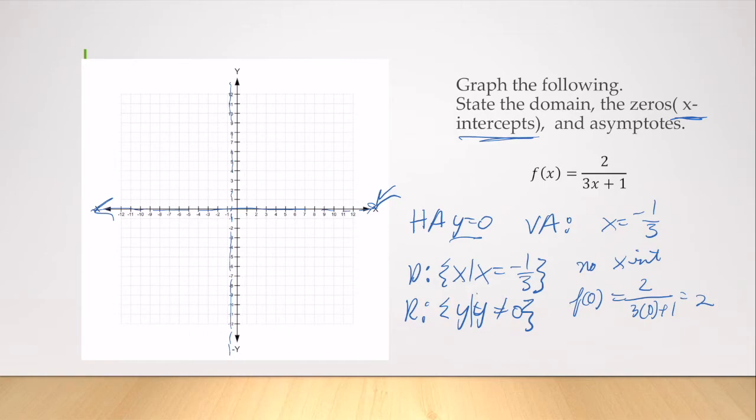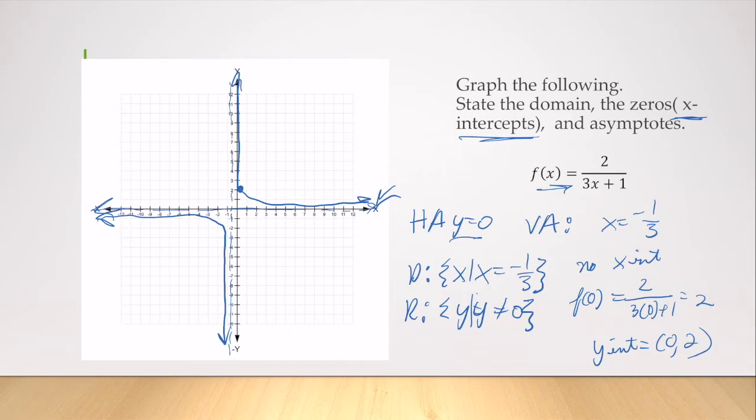So that's my y-intercept. And x is 0, y is 2. So my graph's going to look something like this. It's a multiplicity of 1, so the end behavior is opposite.